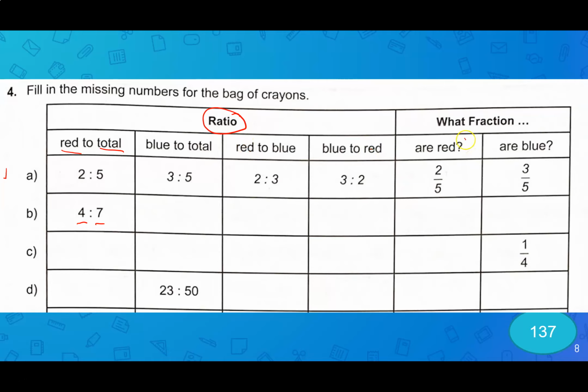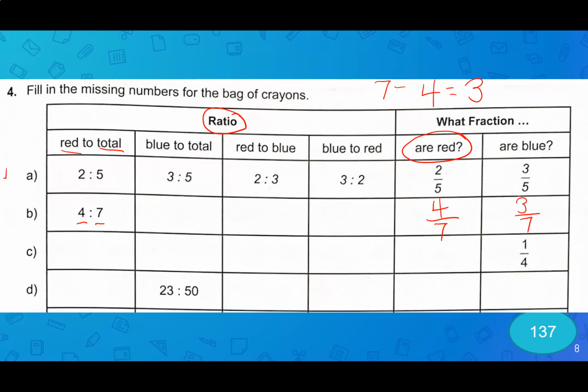Let's jump to this one here. What fraction are red? Well, we know we have 4 that are red and 7 total. So 4/7 will be red. That means we also have 7 total crayons. How many are blue? Remember, there are only blue and red. So if we have 7 in total minus 4 red, that will leave us with 3 blue.